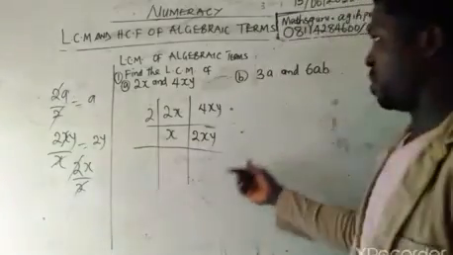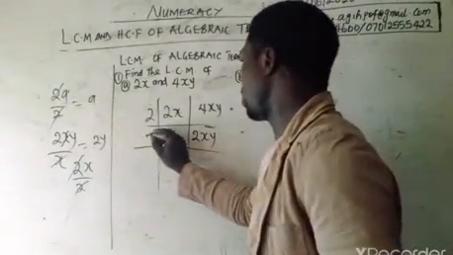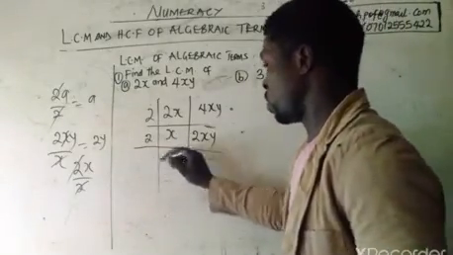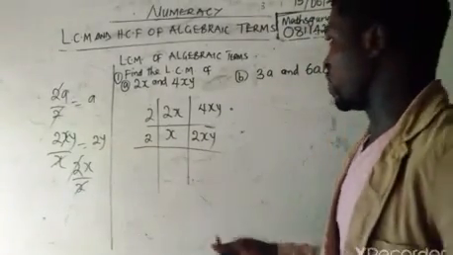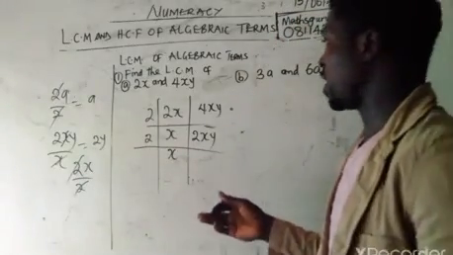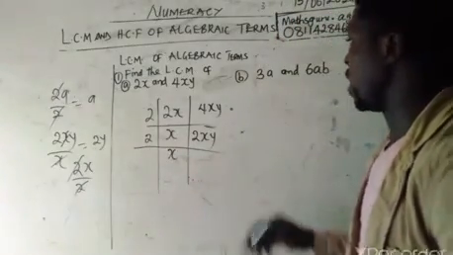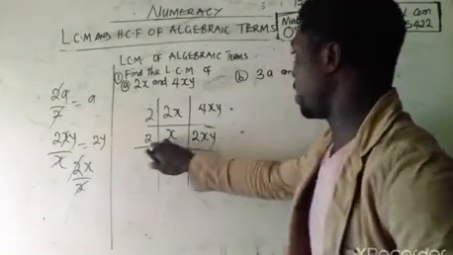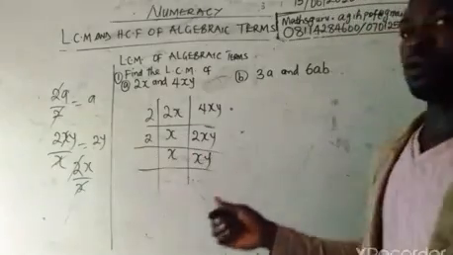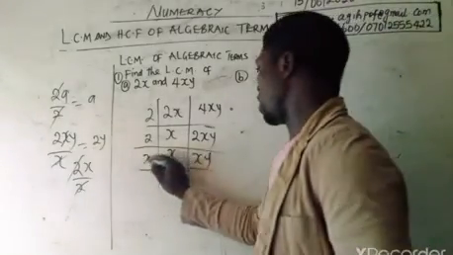The next term is 2 again. 2 can still go. x divided by 2, since we cannot do that division, we retain our x, as with the other sort of LCM of numbers. Then 2xy divided by 2, we have xy. So the next term we are going to consider is our x.